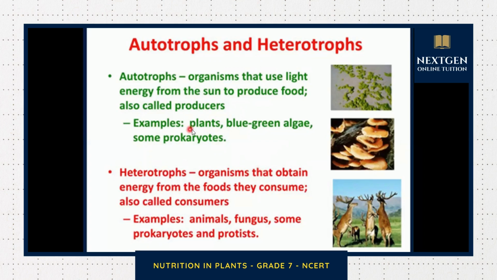Examples: plants, blue-green algae and some prokaryotes. On the other hand, heterotrophs are organisms that obtain energy from the food they consume and they are called consumers. Examples: animals, fungi, some prokaryotes, protists, and even we are heterotrophs. That is, human beings are heterotrophs.